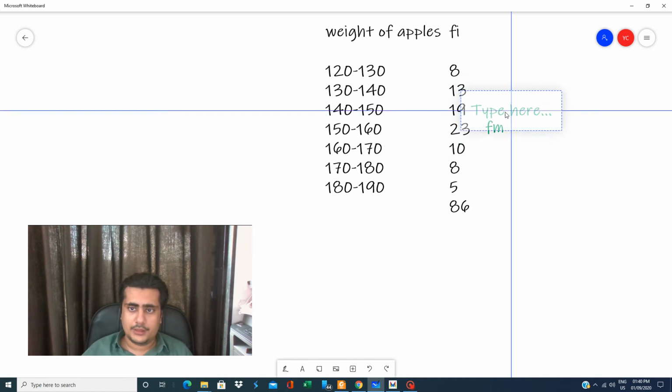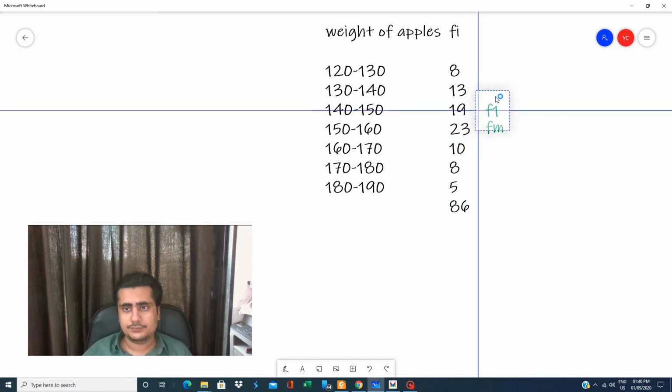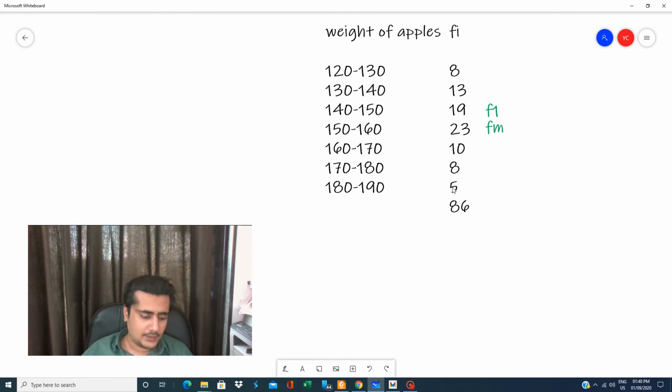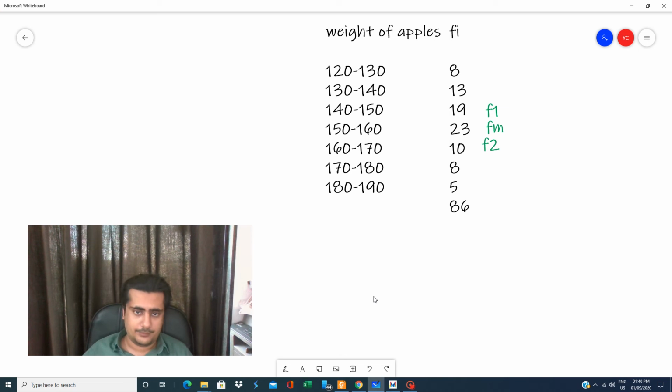Above FM, the figure is known as F1, and below FM, the figure is known as F2. So which class is selected, opposite to FM? The class selected is 150 to 160.